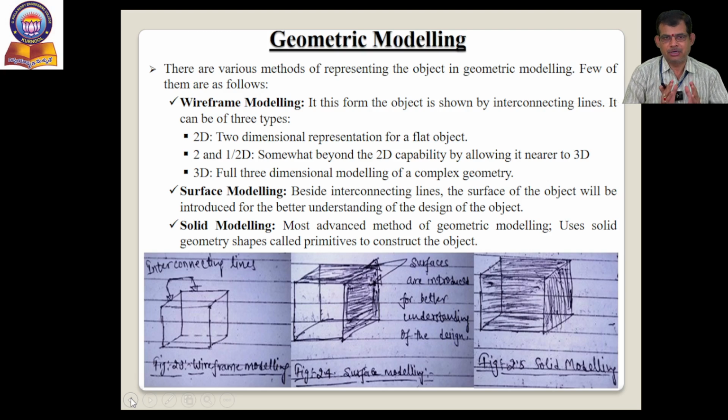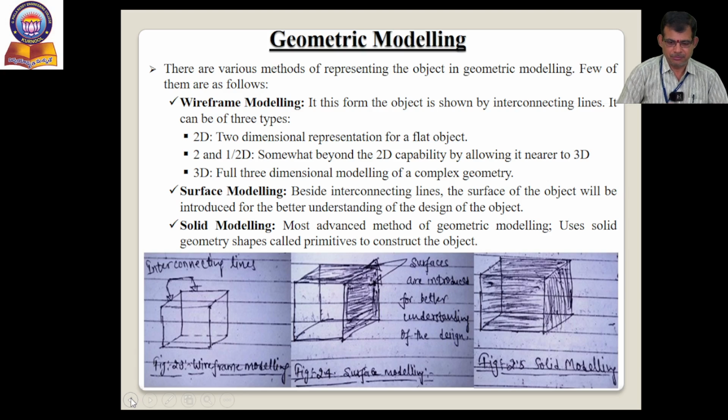Only in the form of wire elements is the object created here. It is of 3 types: 2D, 2.5D, 3D. What is 2D? A 2-dimensional representation of a flat object, only length and height. 2.5D goes somewhat beyond 2D by bringing it nearer to 3D, that is the sidewall information, surface information.